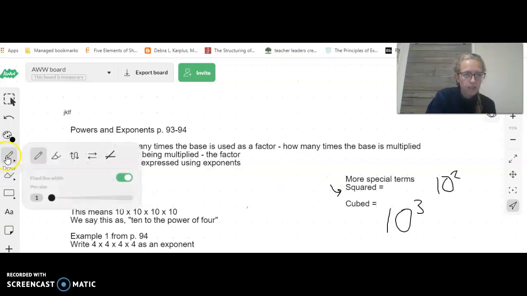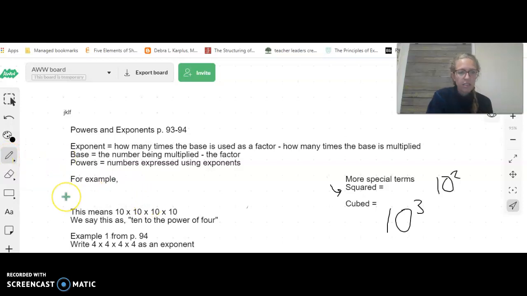All right. So let's look at this example down here. 4 times 4 times 4 times 4. So what number is being multiplied? 4, right? This actually is kind of a confusing example because both the exponent and the base are 4. I should have chosen a different number.